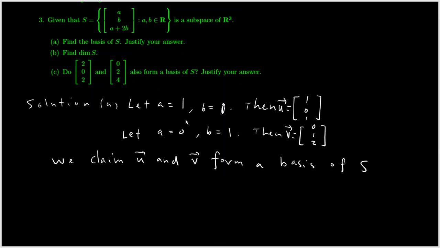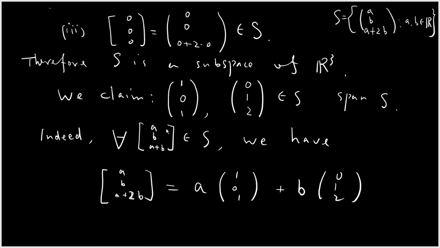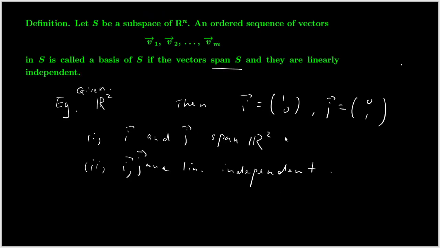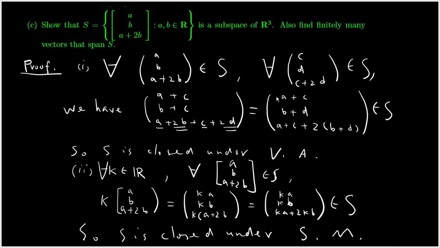Now we want to show U and V indeed form a basis of S. Again, two conditions. You need to verify the definitions here. I label the two conditions: you want to show the two chosen vectors span S, and you want to show the two chosen vectors are linearly independent. After showing that, I'm going to make more comments.